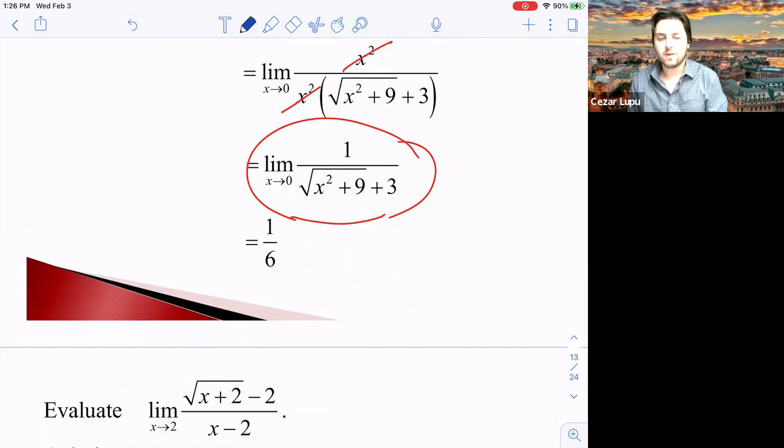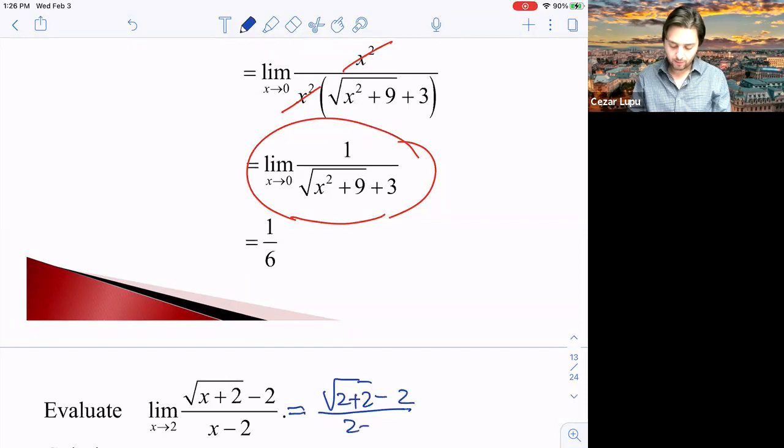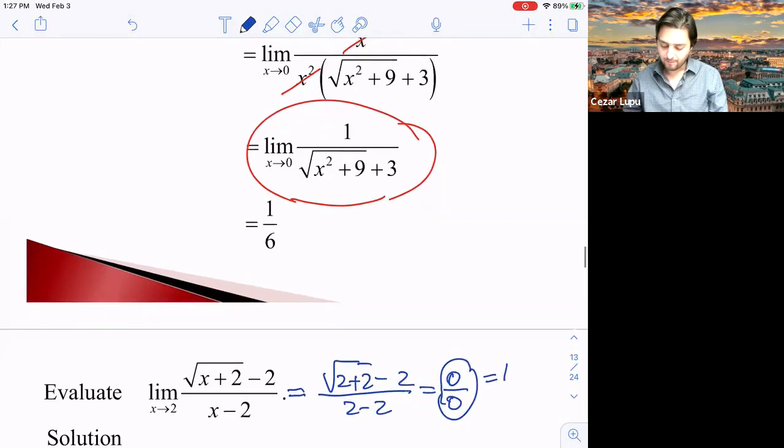The very first thing that you would do is what? Plug it in, correct. When you plug it in, this would be the square root of 2 plus 2 minus 2, everything over x minus 2. Again, we'll get 0 over 0. Oh, I don't like that. It's undefined.